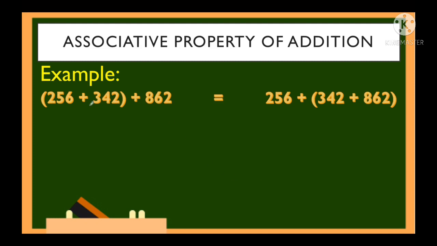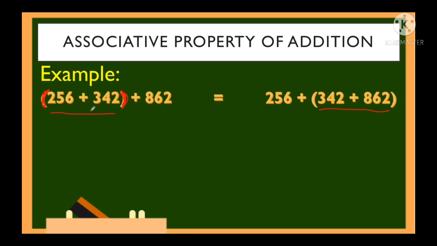As you can see here, the first two numbers are grouped as the first step. Here, the second and the third number are grouped as the first step. What do you mean by this parenthesis? This parenthesis will give us the clue which two numbers we will add first.